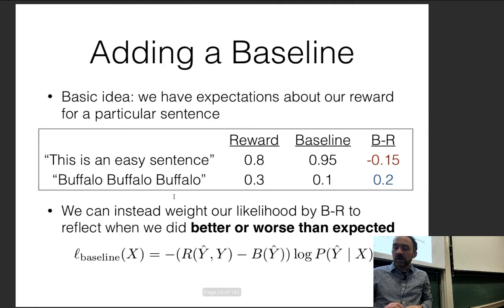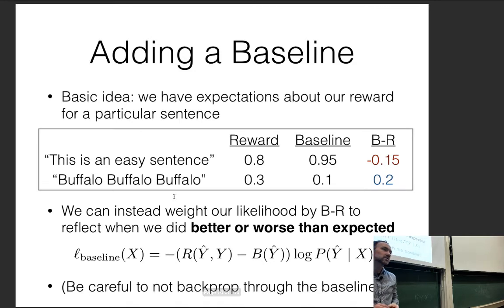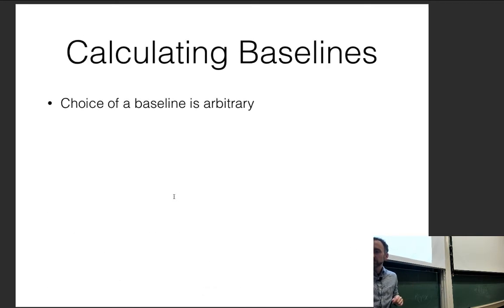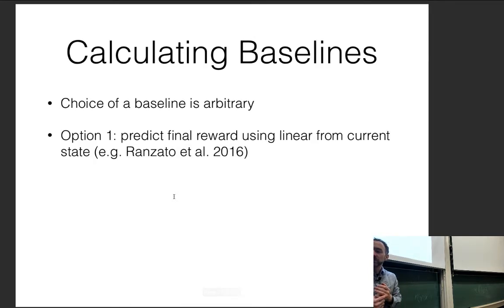So how do you estimate this baseline in the first place? The easiest way is to take your model and the representations it has learned, and feed them into a linear regressor that tries to predict your reward for each sentence. Or no, actually, sorry, I'm going to talk about this next. The choice of the baseline is arbitrary.